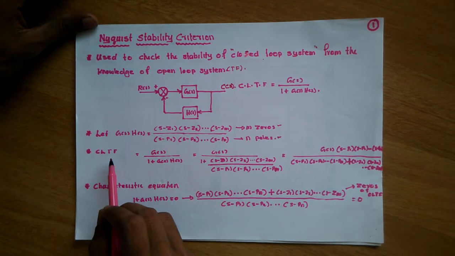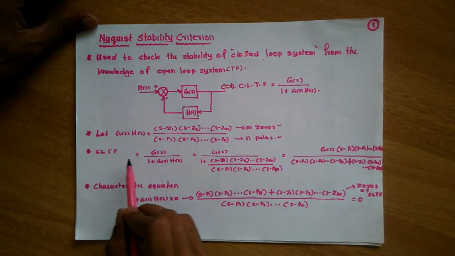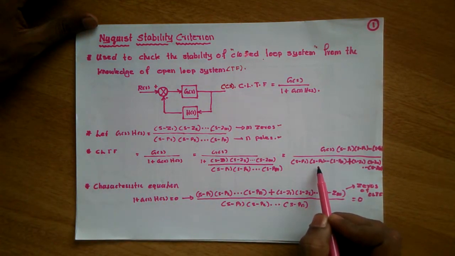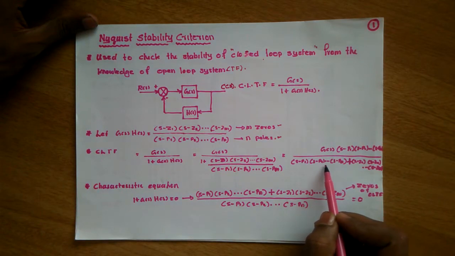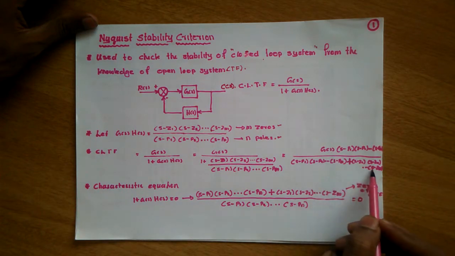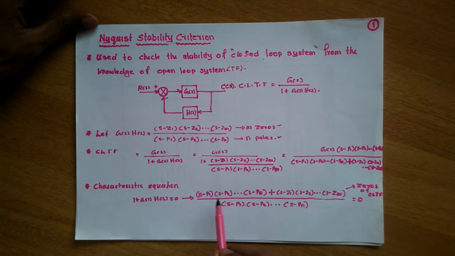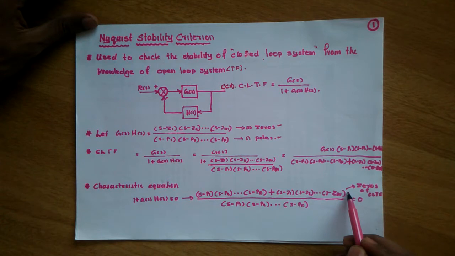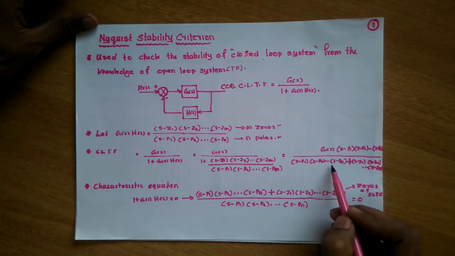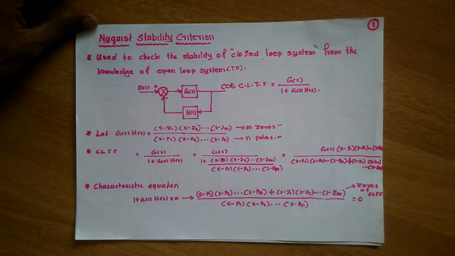And if I check the denominator of the closed loop transfer function, I can find that the denominator of the closed loop transfer function is same as the numerator of the characteristic equation. So I can say that the zeros of the characteristic equation are the same as the poles of the closed loop transfer function.